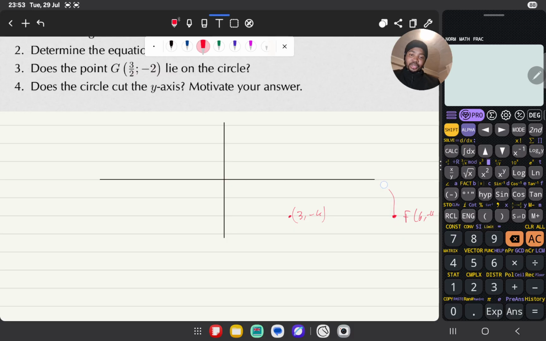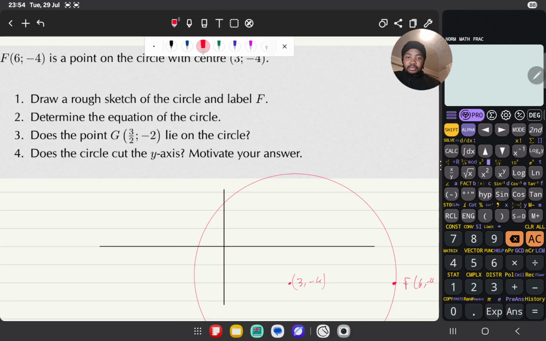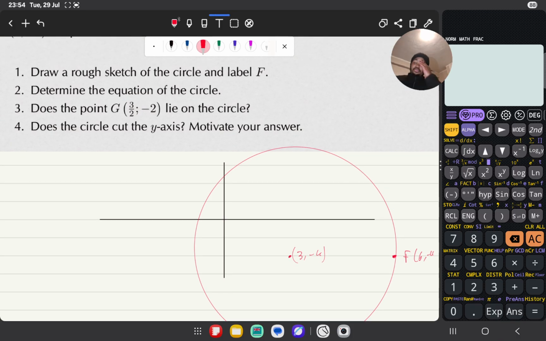But it looks way too bad. Let me do this and then resize. Cool, much better. So I have my circle there, and of course this is the center. I drew a rough sketch of the circle and labeled F.